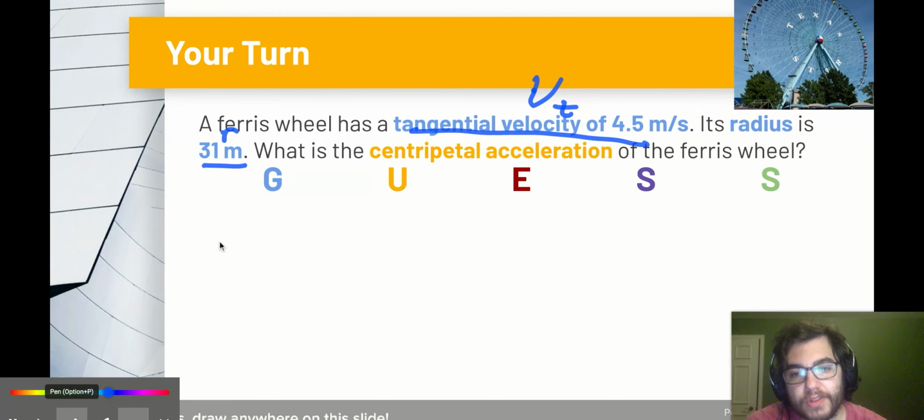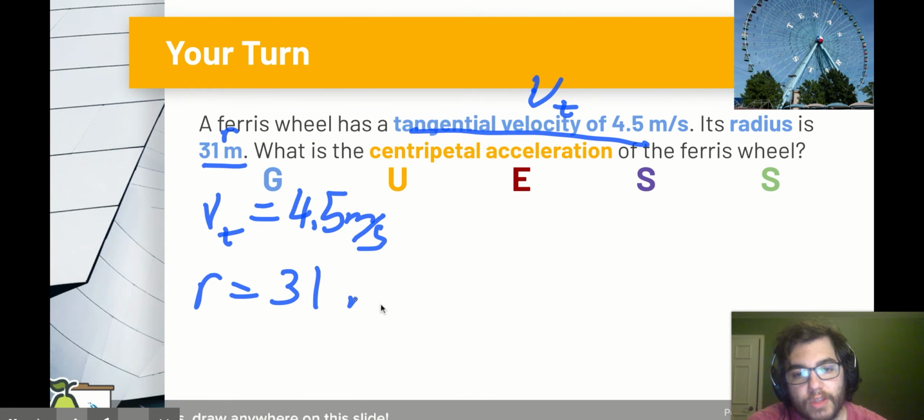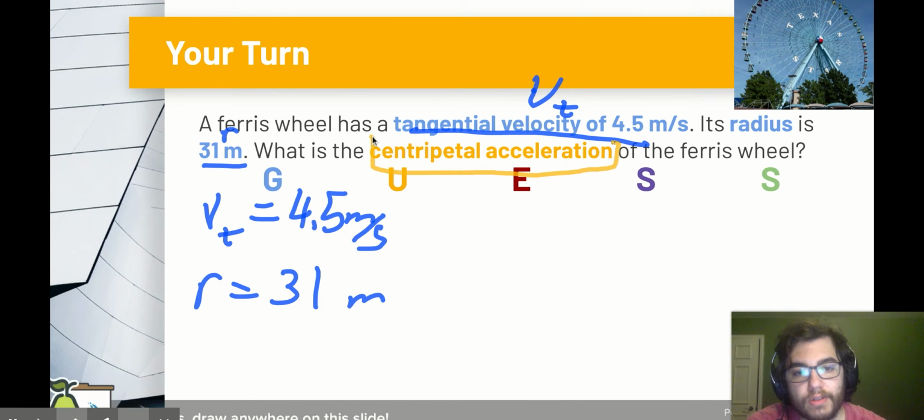And we're looking for centripetal acceleration because it is highlighted in orange. R is equal to 31 meters. Our unknown was centripetal acceleration. AC is equal to question mark.